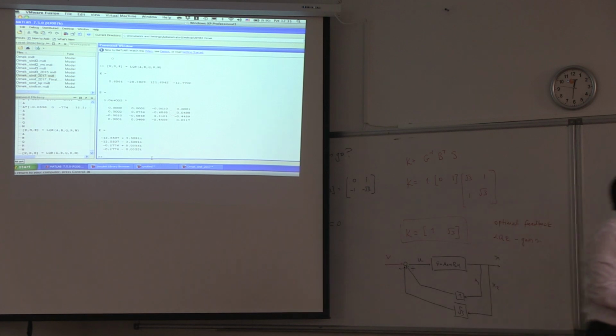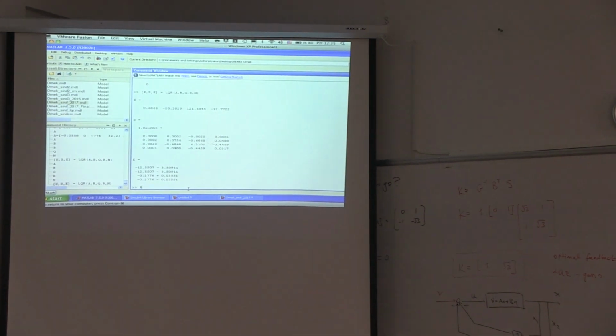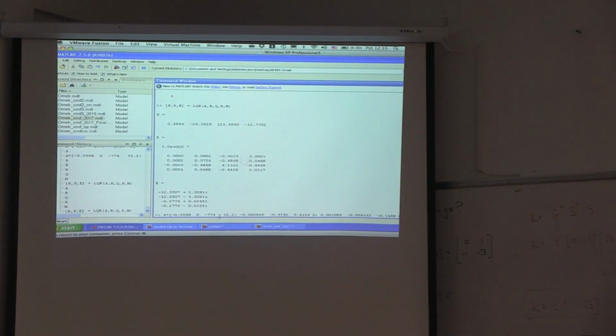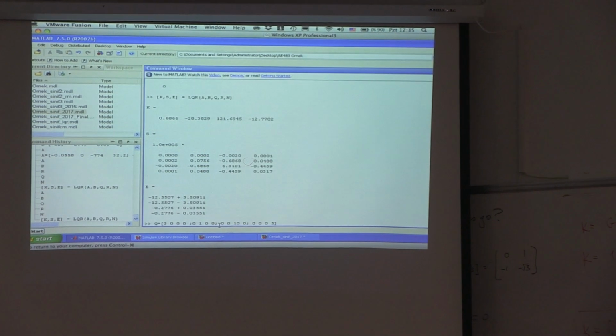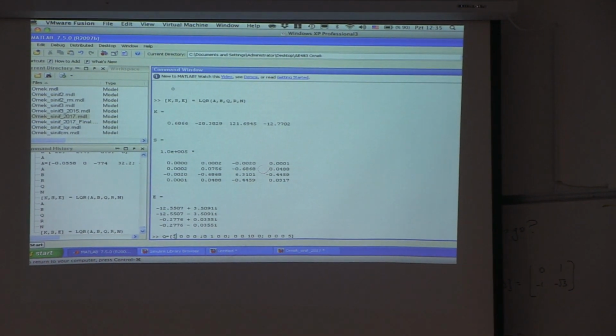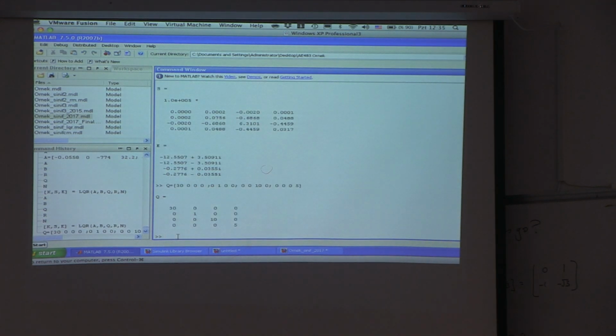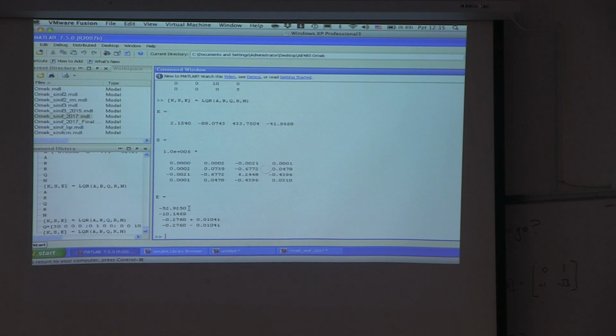However, look at this. Let's say I take the Q. Instead of having 3 over here, let's make this 30. So I changed the first variable here to 30, okay? And I choose LQR, boom, you have the feedback gain K, which has changed now.